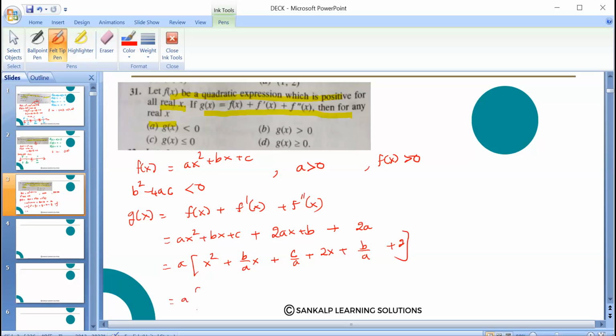Or we can write a into x squared plus, we'll take these two x terms, denominator is a, and then we have b plus 2a into x. Then taking the constant terms, denominator is a, c plus b plus 2a. This is what we have.